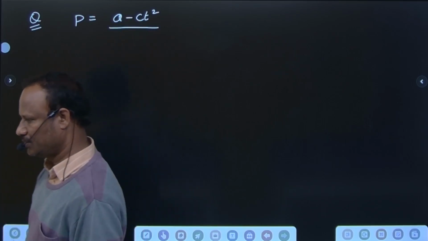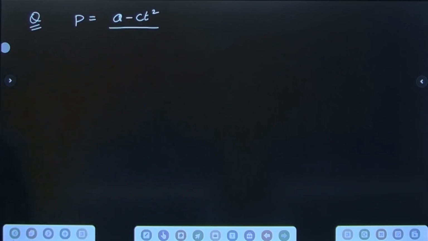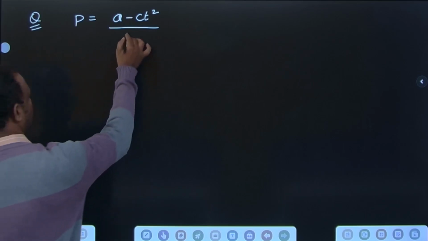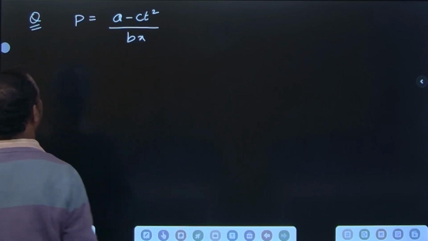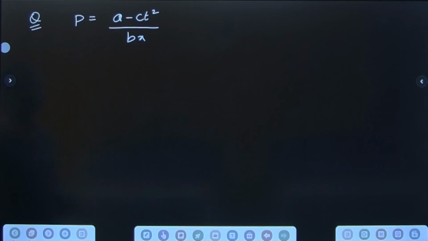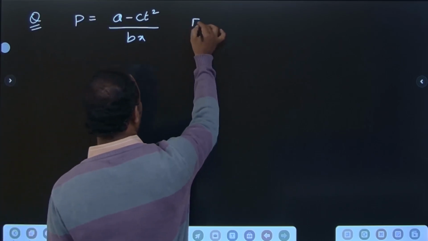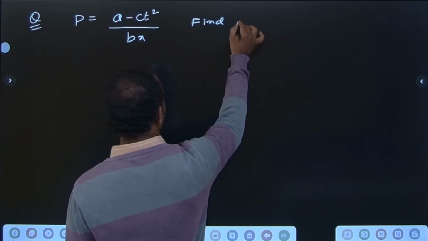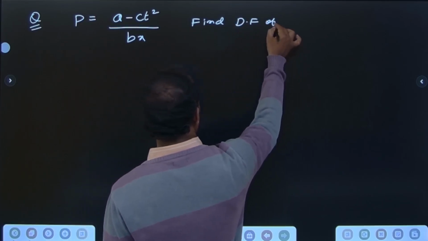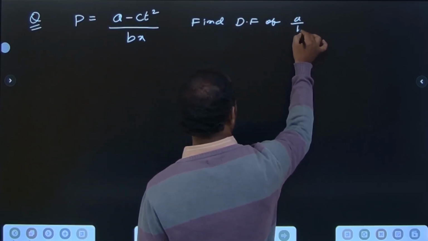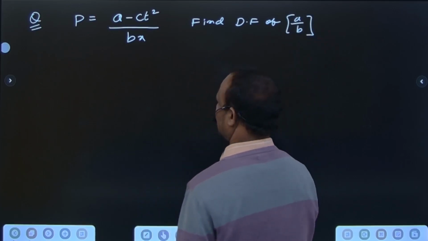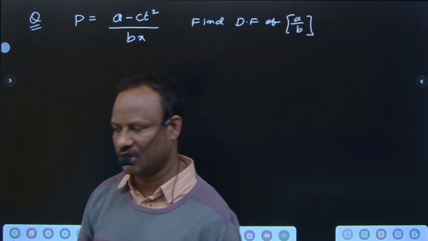P is equal to A minus CT square by BX is the expression given. Find the dimensional formula of A by B. You may also be asked C by B.